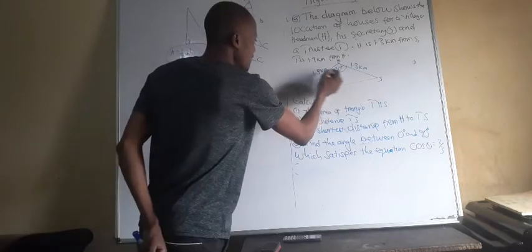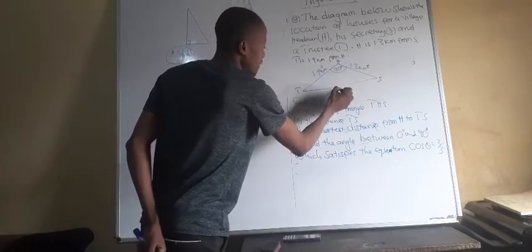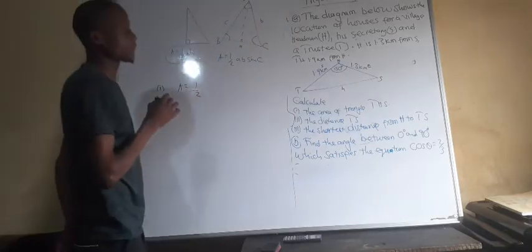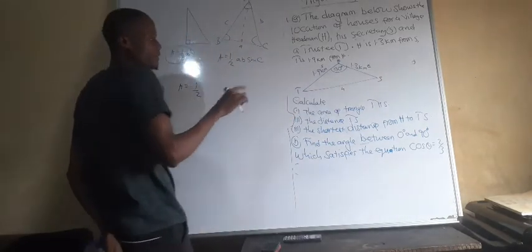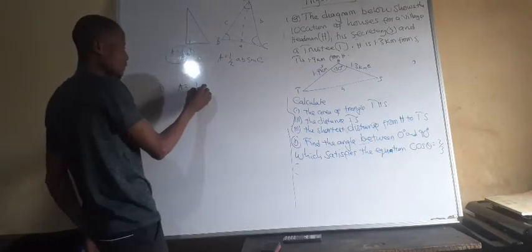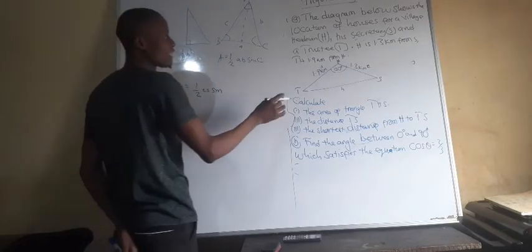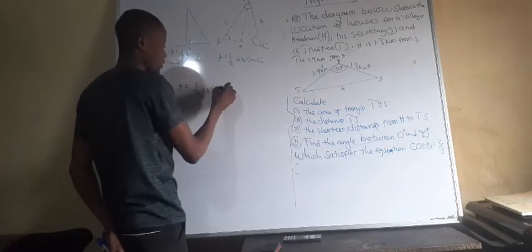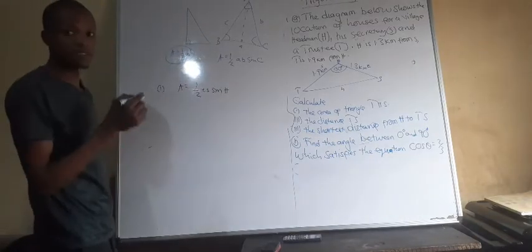This is side s, this is side t, and this is side h. The opposite side of an angle is represented by the small letter. We have been given two sides here, side s and side t. So it will be area equals half t s, then sin of the one remaining, which is H, a capital letter because it is representing an angle.